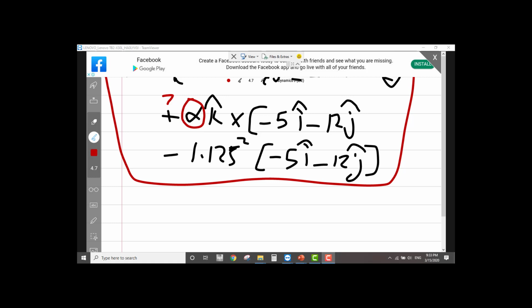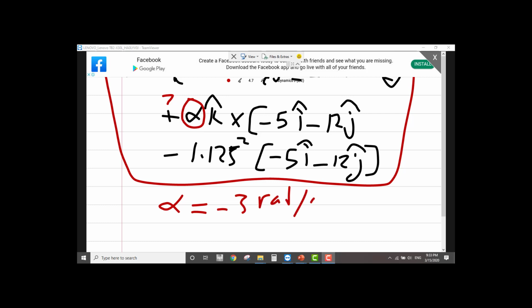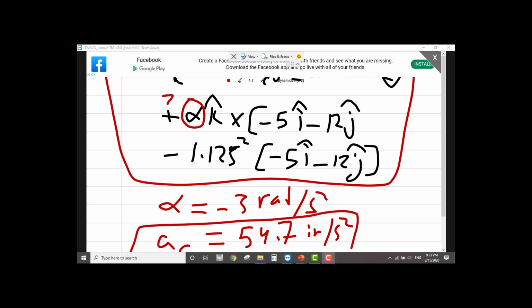You will find alpha equals minus 3 rad per second squared, minus meaning in the opposite direction, and the acceleration of point C will equal 54.7 inch per second squared. And this is the resultant acceleration in the direction of the channel, or the direction of the slide.